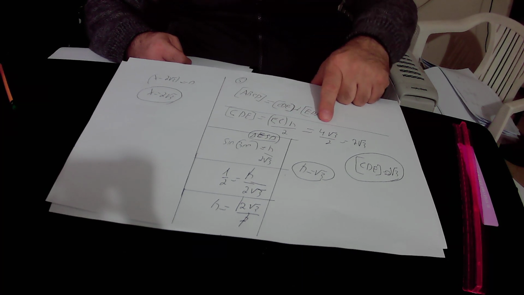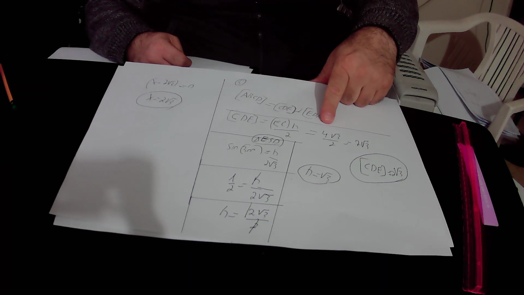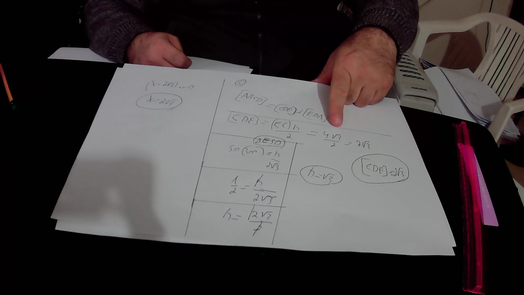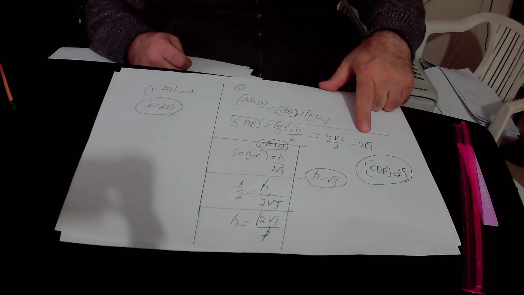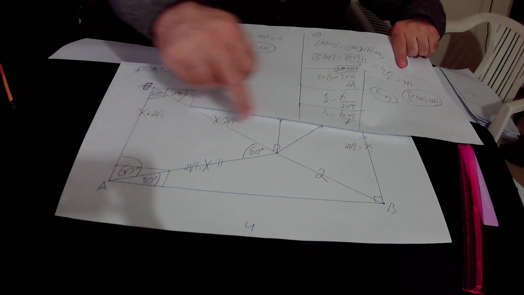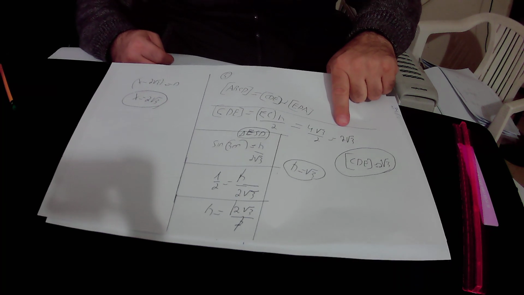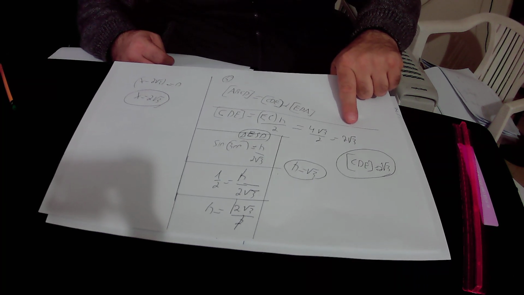CE equals 4. The height h equals square root of 3 units, all divided by 2. 4 over 2 is 2, so we found out that the area of triangle CDE, that is actually also the area of triangle ADB, equals 2 times square root of 3 square units.